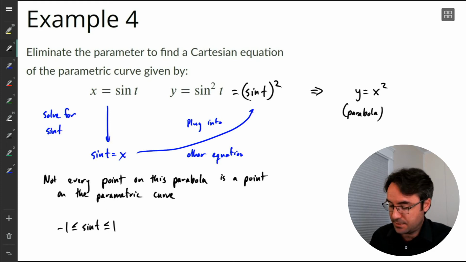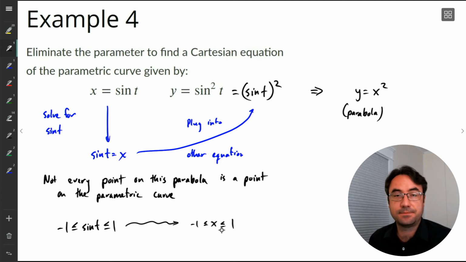So that means x can only be between -1 and +1. So, yeah, our Cartesian equation here is going to be y equal to x squared, but there's this extra restriction on it.